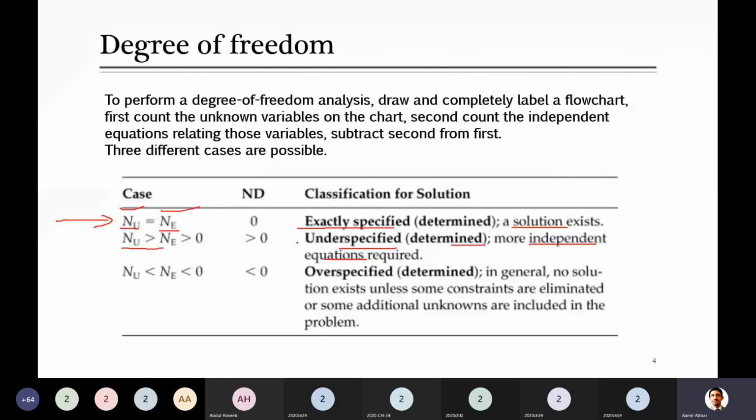For this I gave the example of x plus y equals 3 and 3x plus 6y equals 6. You have two unknowns but effectively one equation, because although they seem like two equations, they are not independent. And the third system is the overspecified system, where you also have a problem. In that case either you have to increase your number of unknowns or decrease your equations to reach the situation where the difference between unknowns and equations is 0.